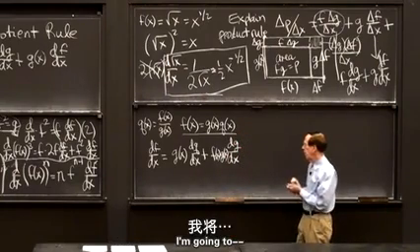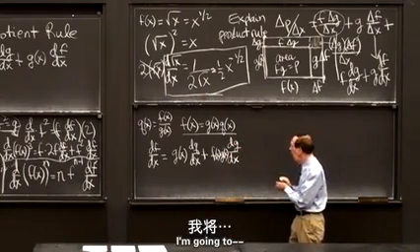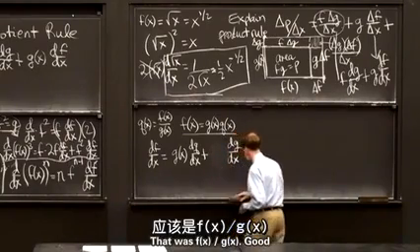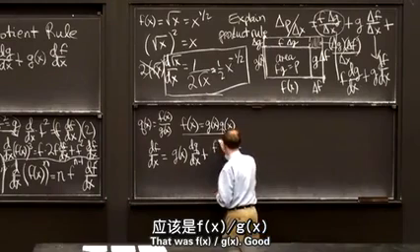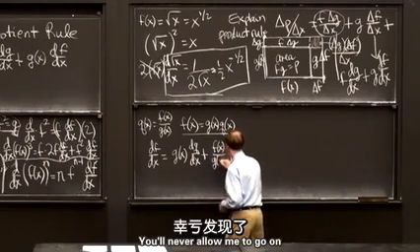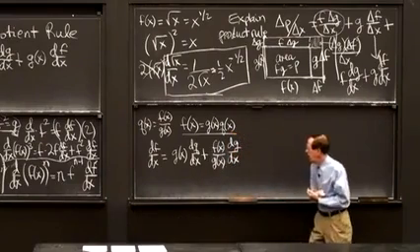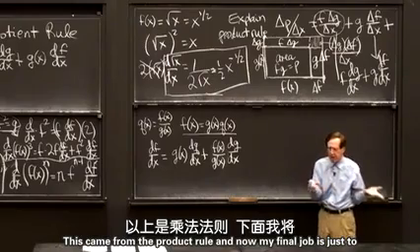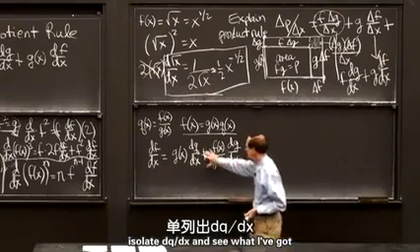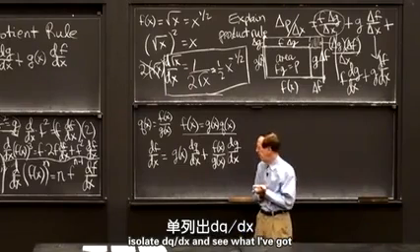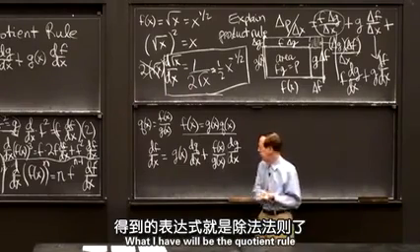Now, I'm going to... it was not. It was f of x over g of x. Good Lord. You would never have allowed me to go on. Okay. Good. This came from the product rule, and now my final job is just to isolate dq dx and see what I've got. What I have will be the quotient rule.